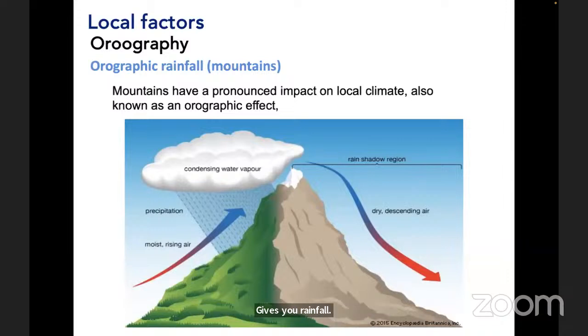By the time it goes over the mountain, it's already dry because it has finished its moisture on what we call the windward side. So the left is the windward side and the right is the lee side. That's why in certain areas, at the same height, the same mountain, one side could be dry while the other side could be wet, which is what this cartoon is showing.